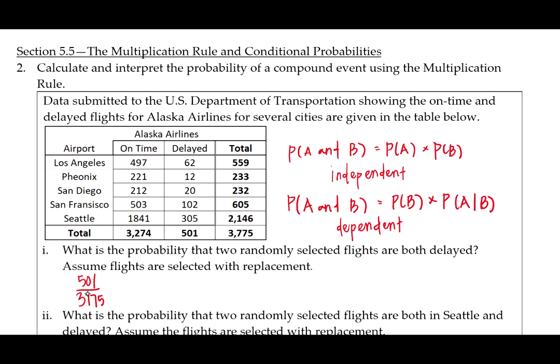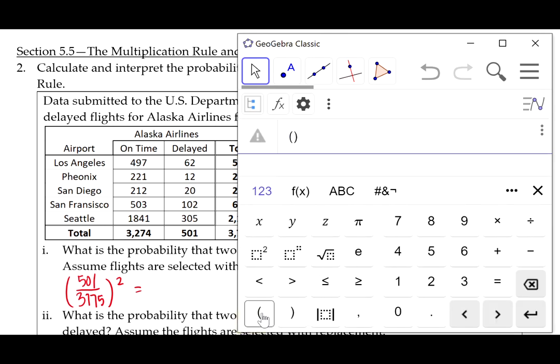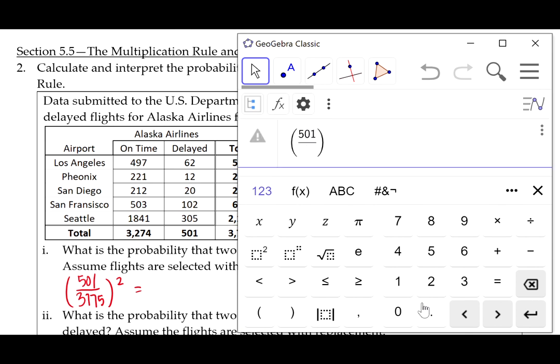Once I've selected one of those flights, I'm going to replace that flight, which means that my table hasn't changed. So the second probability is going to be the same thing, 501 out of 3775. So in other words, I can just square this probability to compute this probability of A and B occurring. Let's use GeoGebra to do this calculation. I'm going to bring out a parenthesis, and I'm going to enter in 501 divided by 3775.